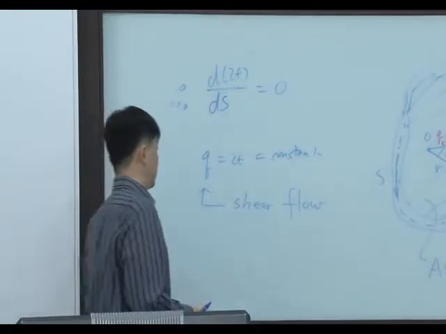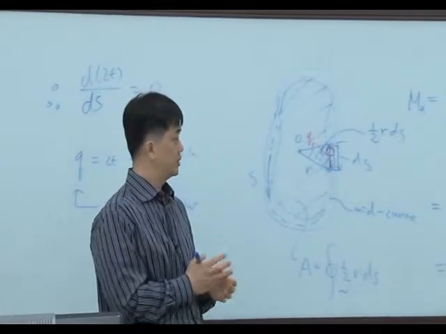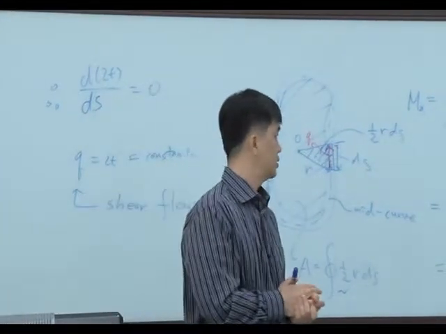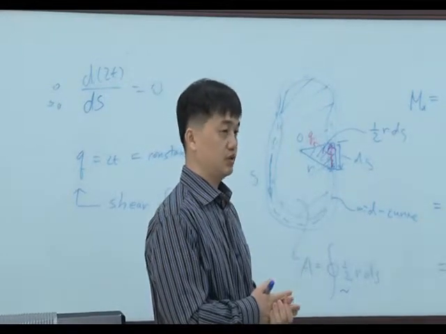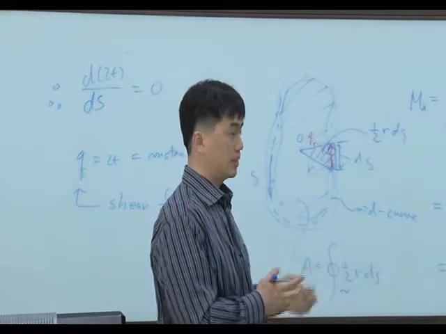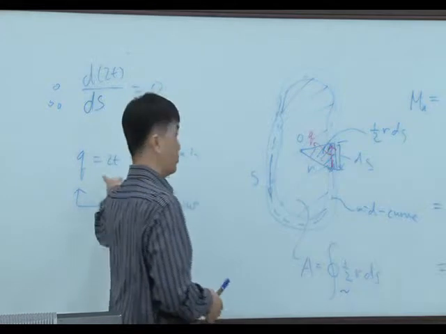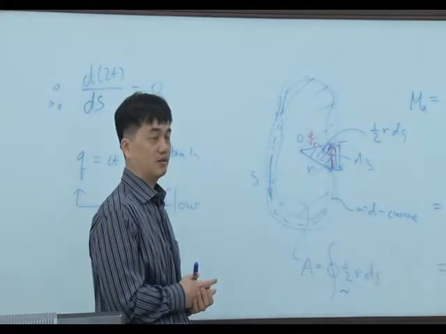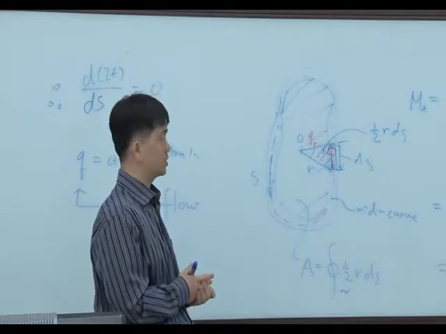So from statics, we calculate the characteristic of shear stress of this special case, and we found out shear flow is constant, right? This is a very important characteristic of this case.